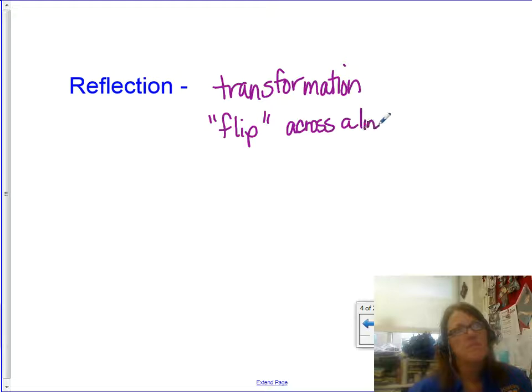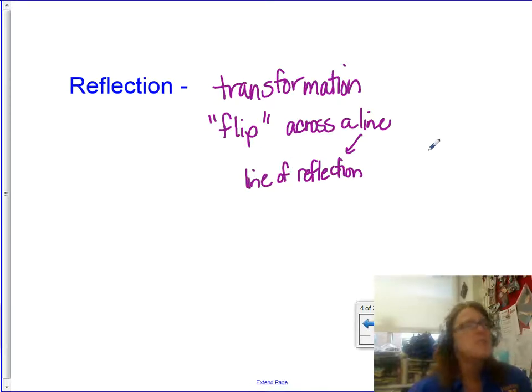Sometimes we call it the reflection line. This is your line of reflection, which I guess is the way it's most often stated. So this is what a reflection is. It's a flip. We're just going to flip things right over and they'll look exactly the same.